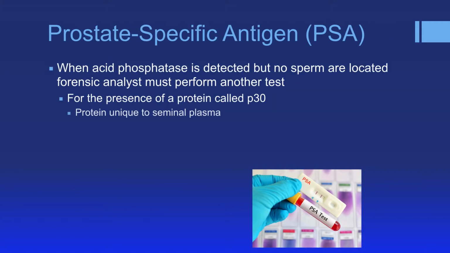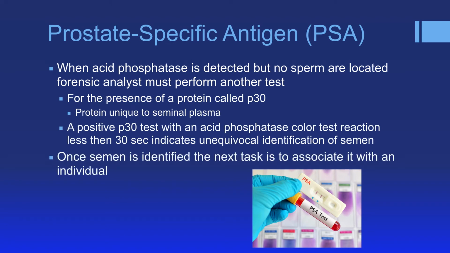There is another test called the prostate specific antigen, or PSA, and when acid phosphatase is detected but no sperm are located, forensic analysts need to perform this other test.